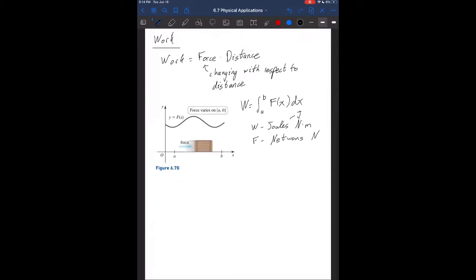Okay, so let's jump into another example for this. So we're going to be talking about springs for this example. So we have something when we're dealing with springs called Hooke's law. Hooke's law says, and this makes sense, is if you have a spring, the farther you are away from equilibrium, the harder it is to stretch, right?